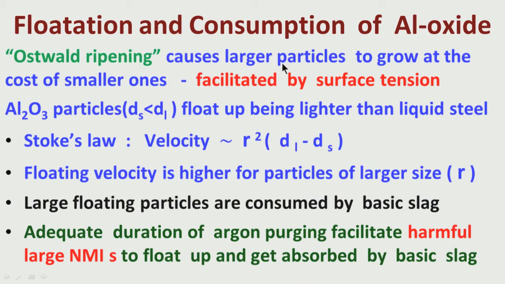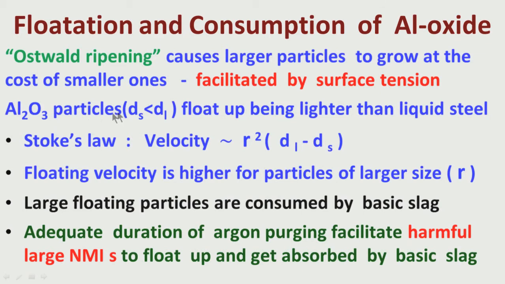This causes larger particles to grow at the cost of smaller ones, because smaller ones have more surface area compared to the bigger ones. So, if the smaller ones combine to become a larger one, the surface area decreases. That means, from the energy point of view, this is favored. So, smaller particles will combine and bigger particles will form.